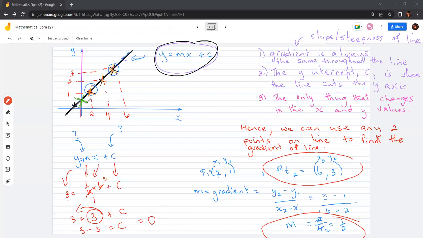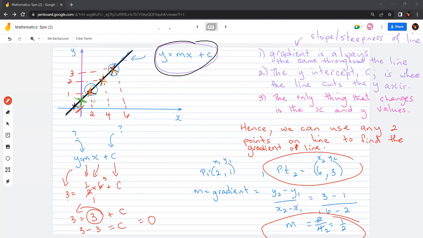That means this line actually cuts the y-axis where y is 0. Right? So this line is actually supposed to be like this. Now remember, when I did my line, I just took random values, right?